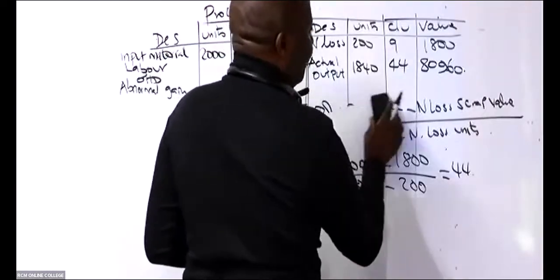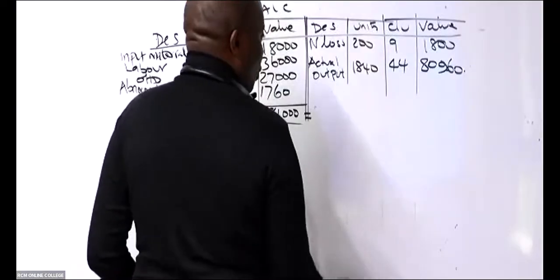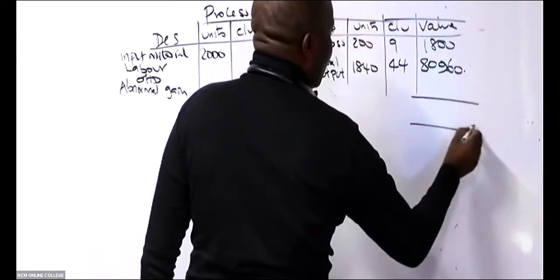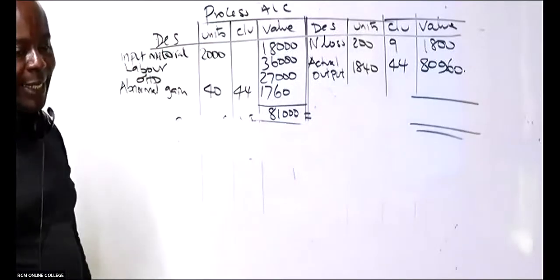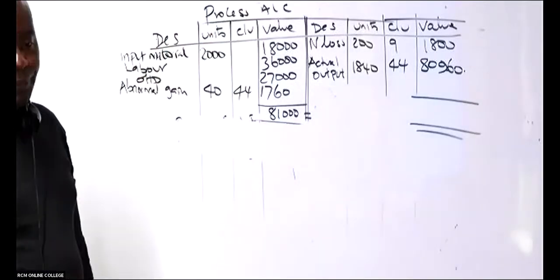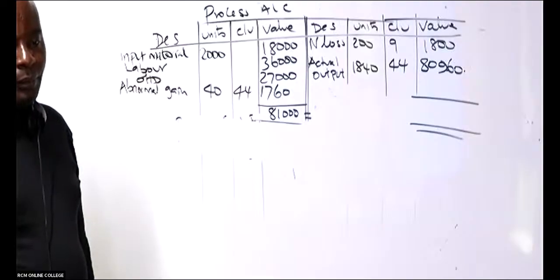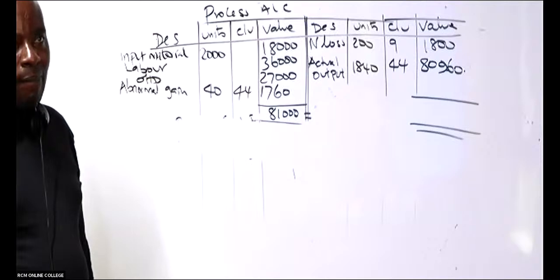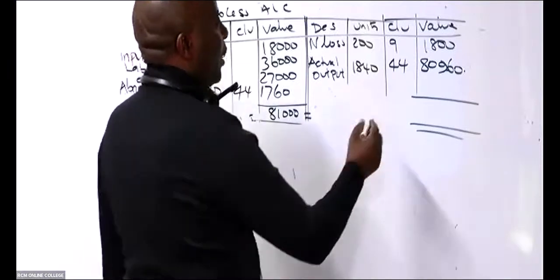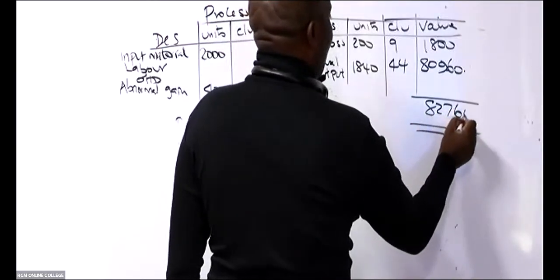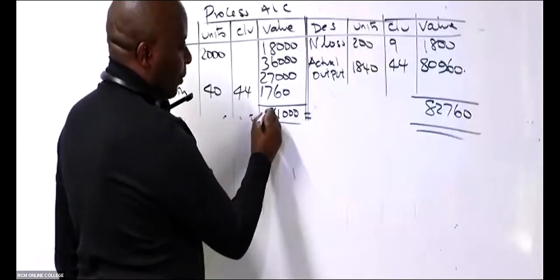Let's see. Of course I expect this side to be heavier. So you take this plus this, give me an answer. 1,800 plus 80,960. So I'm being given 82,760. And I suppose then this one, of course, as an accountant, you simply rub this.